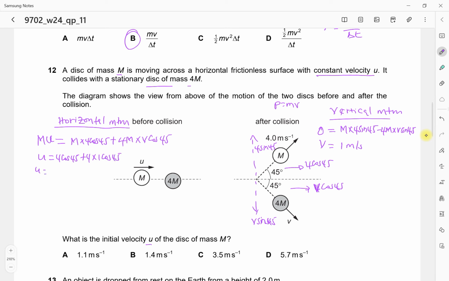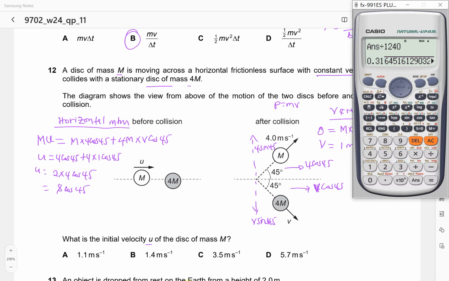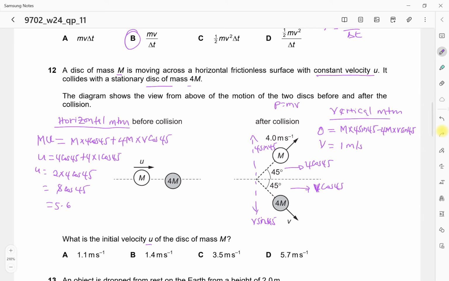So u is going to be 2 times 4 cos of 45, or 8 cos of 45. If I check the calculator, 8 cos 45 is giving us 5.66, or 5.7 meters per second. So the answer is going to be D.